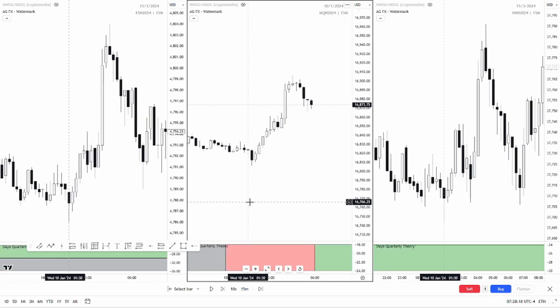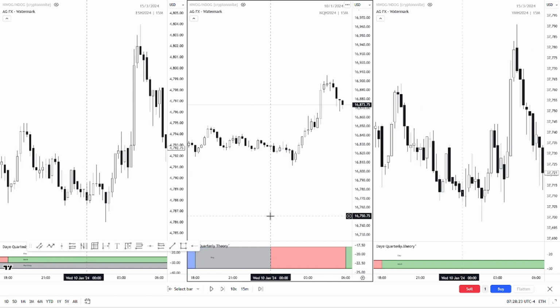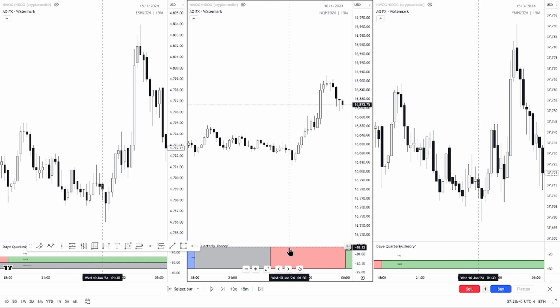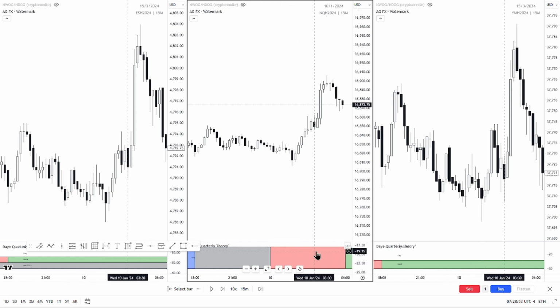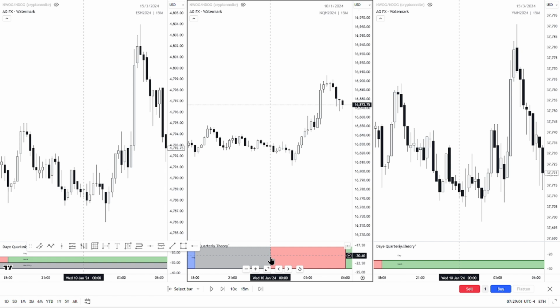So as you can see, while we are on this chart, the first thing that we need to do before we enter into the New York session is mark out the high and the low of the previous session. In this case, this is going to be the London session. Over here, you can see that this red box is the London session, and we are going to mark out the highest high and the lowest low within the range of this red box.